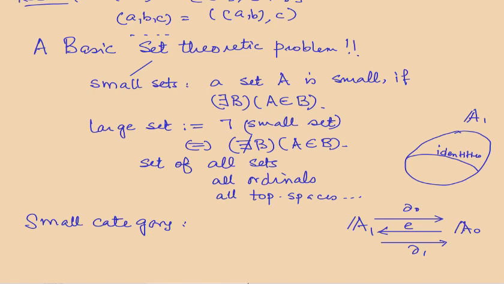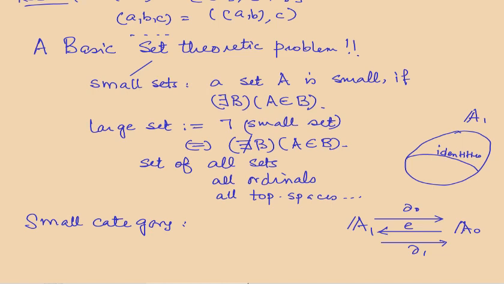That's a monoid, and the singleton is the identity. But how many cardinals are there? It's not a small set, it's a large set.